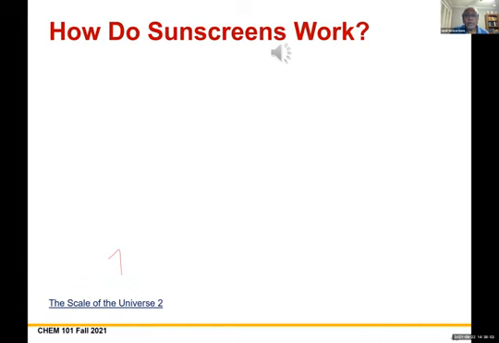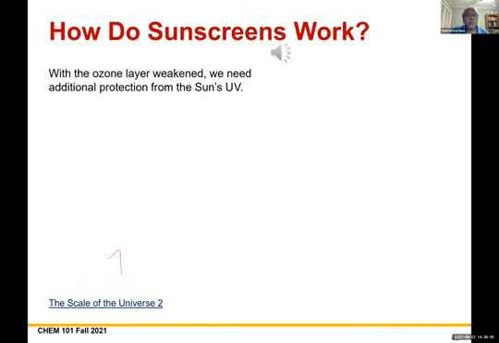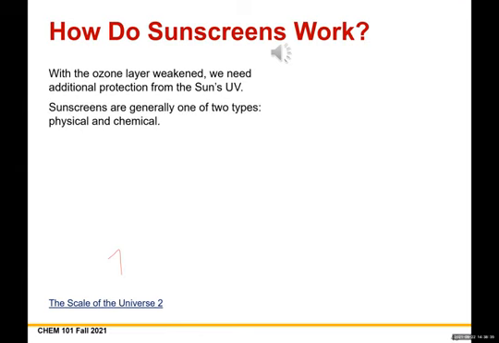With the ozone layer weakened, we need additional protection from the sun. So destruction of the ozone layer causes more problems. Sunscreens are generally used.